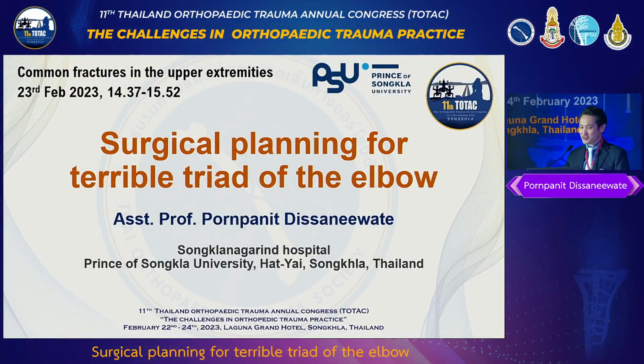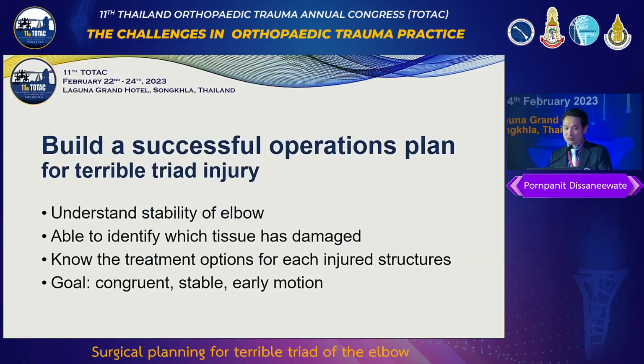So today I would like to share with you about the surgical planning of the terrible triad injury of the elbow. To build a successful operation on this kind of injury, what we need to know: first, you need to know what structures give stability to the elbow.